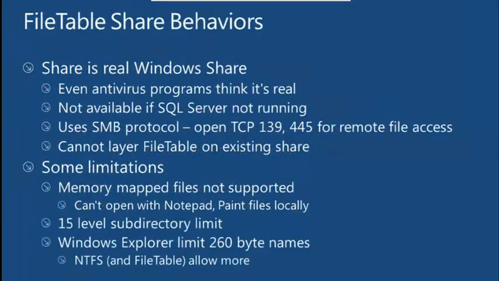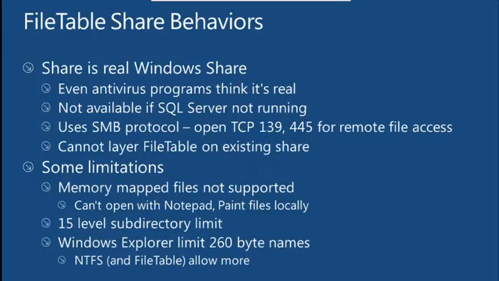Okay. The big thing about this, from a security point of view, is that it is not considered a best practice in SQL Server to allow some of these ports to be open that you need to be able to access file tables and streaming I/O. The big one is port 445, which is the file sharing port.